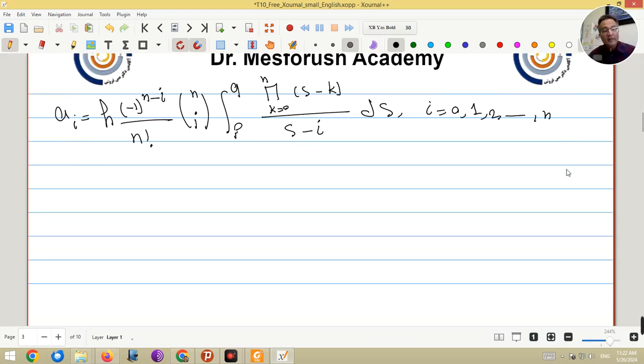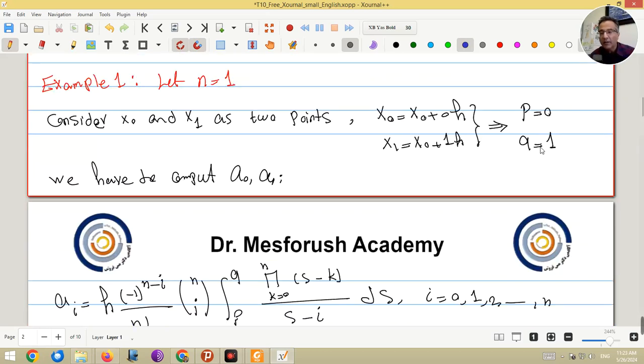Okay, so if I want to compute A0, A0 is h. Note that n is equal to 1, and i equal to 0. If we write h here and use exactly this formula, (-1) to the power of 1 minus 0 over 1 factorial, combination 0 from 1, integral from 0 to 1. P and Q are computed here.